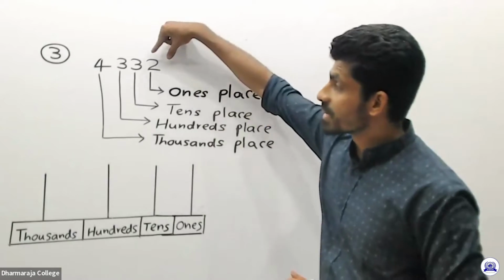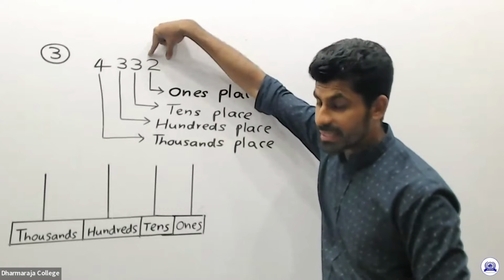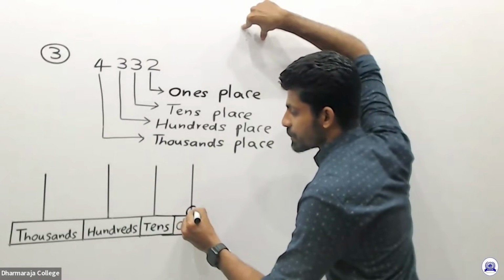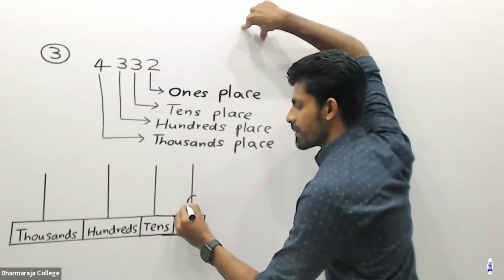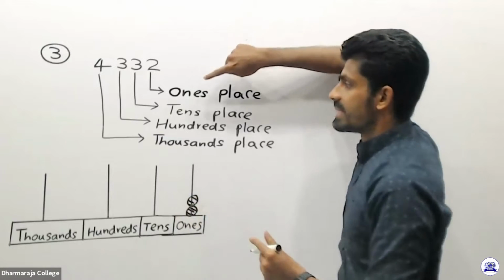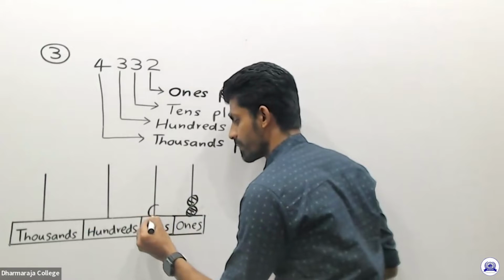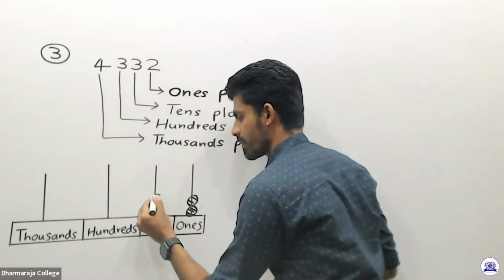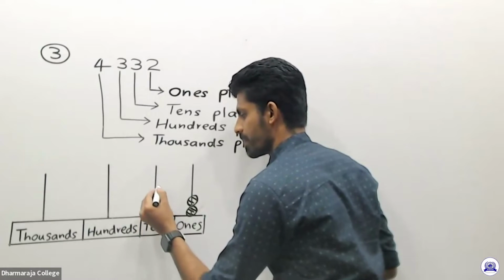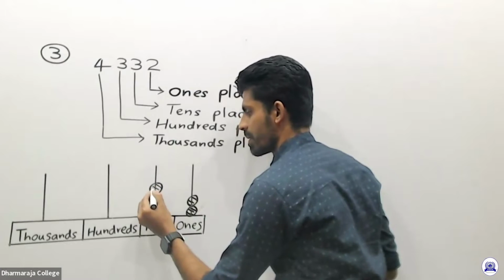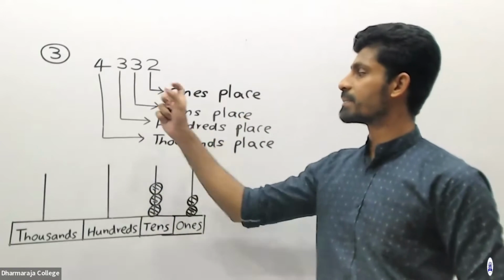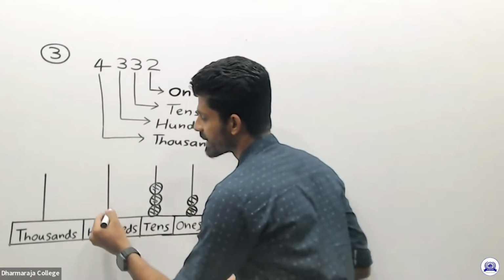Ones place means the number 2 value is there, so that means 2 dots. Tens place means 3 dots. Hundreds place means 3 dots.